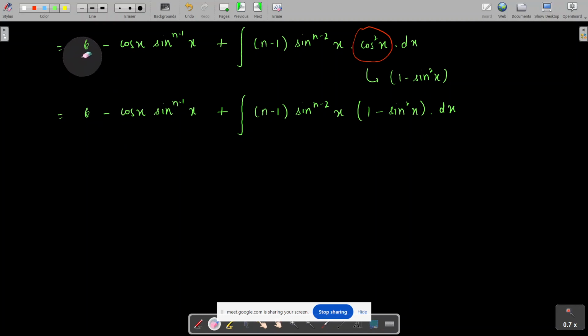So I will take it outside of the integral in the next step. Then again I'll copy this entire thing.